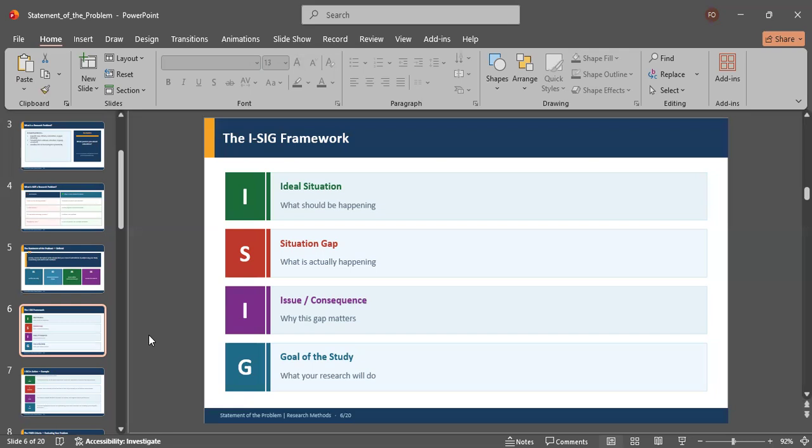What is actually happening? Then the third one is the issue or consequence. Why this gap matters. Like I said earlier too, what if we leave it like this? What will keep on happening? Why is this thing a big issue? Why is this thing calling for concern? Like the example I gave on WAEC, what should be happening is that students should be passing WAEC regularly, easily passing mathematics, because mathematics is important.